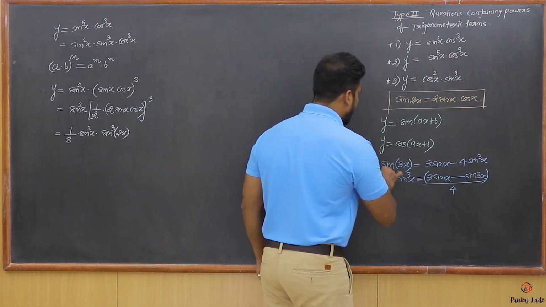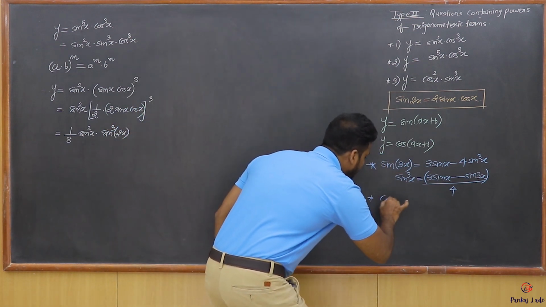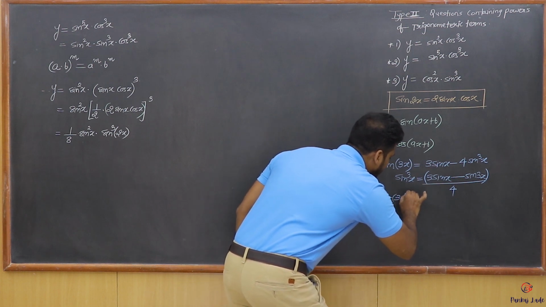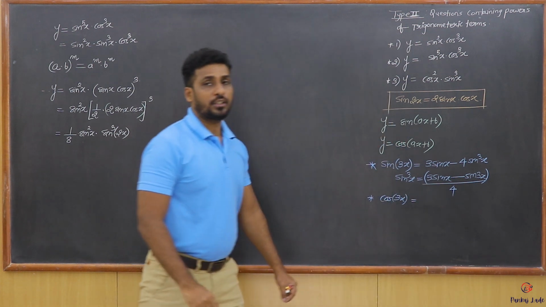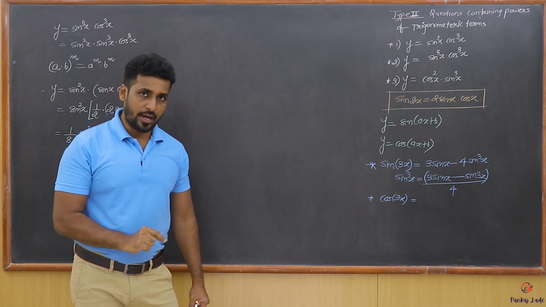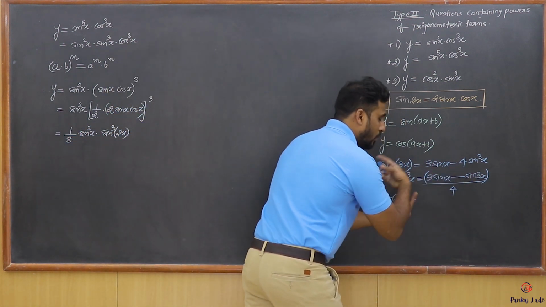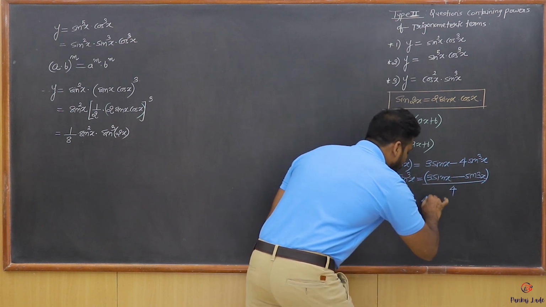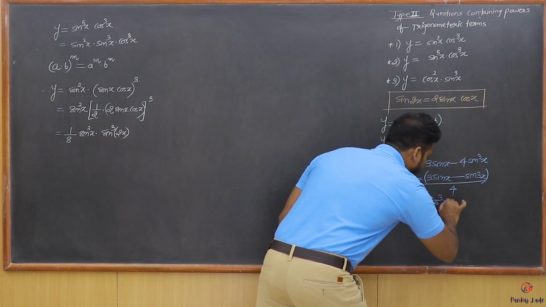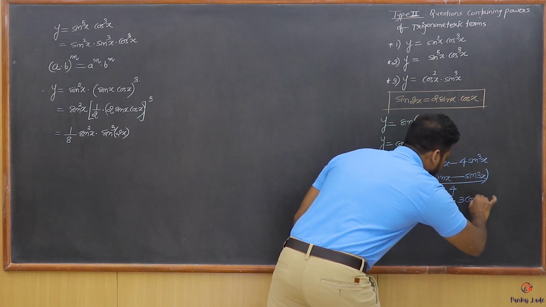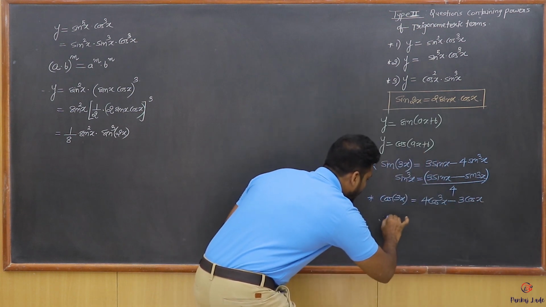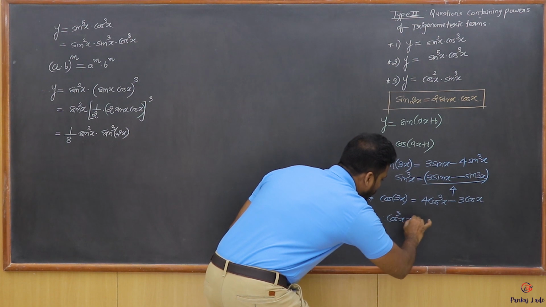Likewise, don't you also remember that there is a formula available for cos 3x? Even though I'm not going to make use of the formula of cos 3x in this question, you should be aware of that formula also. So cos 3x, the terms interchange, you get 4 cos cube x minus 3 cos x. So from here, can you get the value of cos cube x?